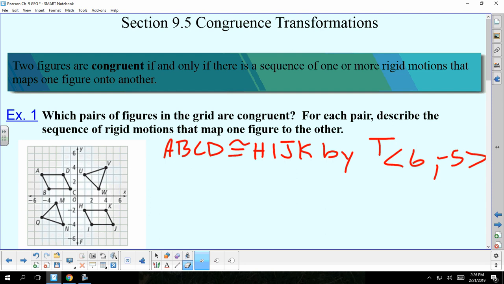So I'm going to move this over 1, 2, 3, 4, 5, 6.